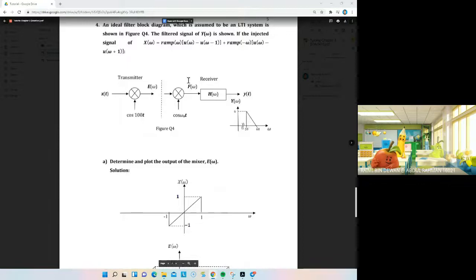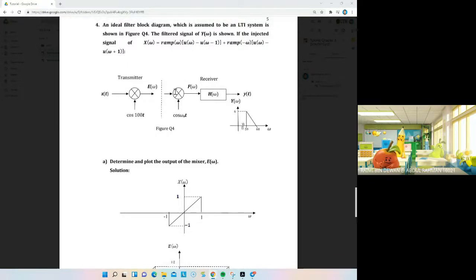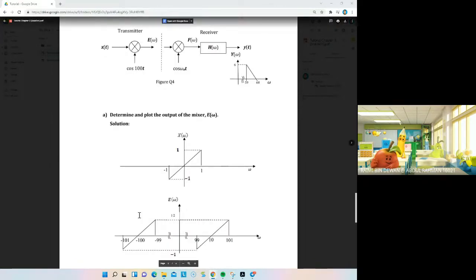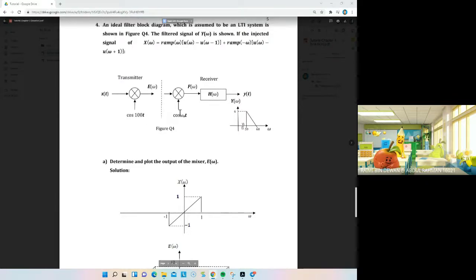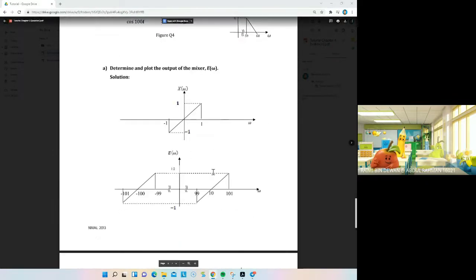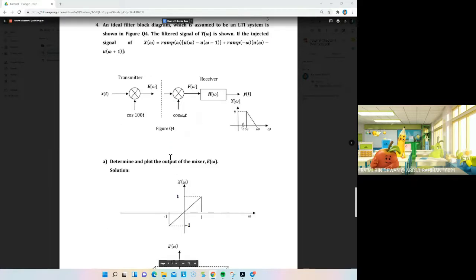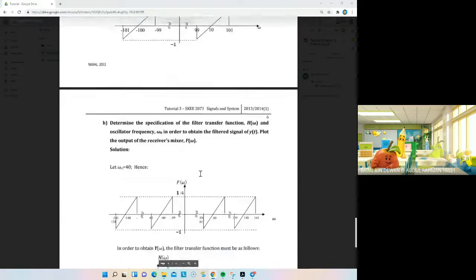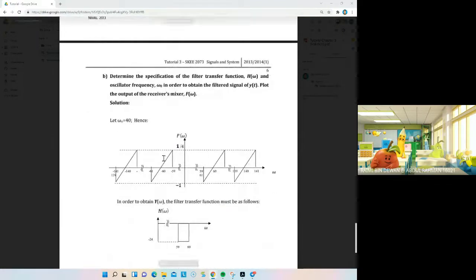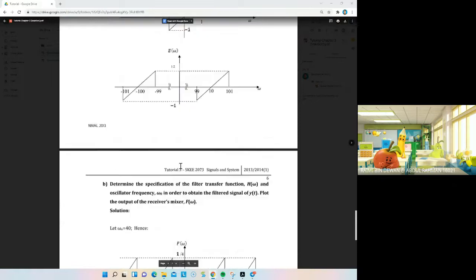Here, if one asks to plot the answer, first you have E omega. Then it passes through the oscillator. Initially it is 2, and when it passes through the oscillator you have another set, that's why 2 becomes 4. Understand? 2 becomes 4.